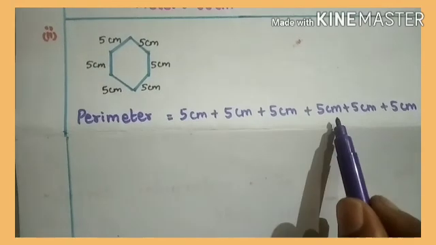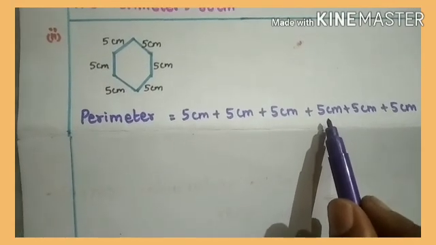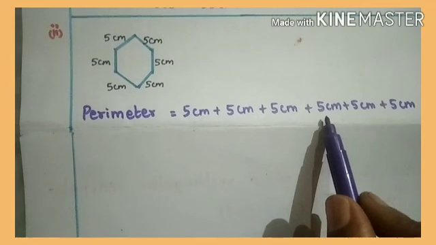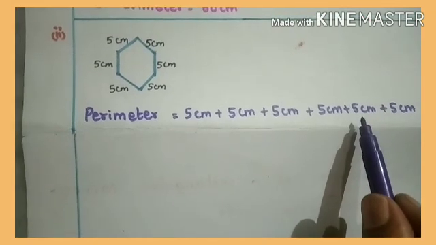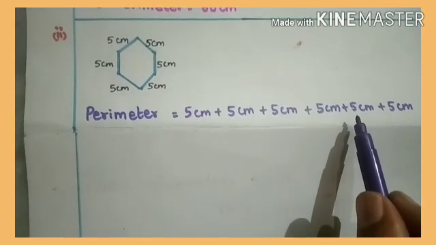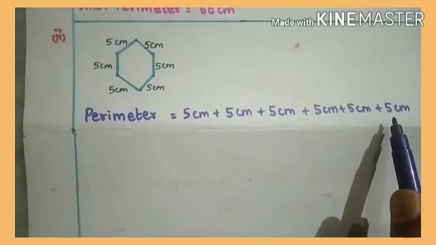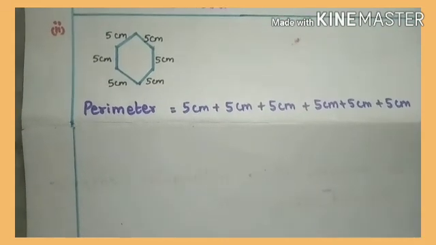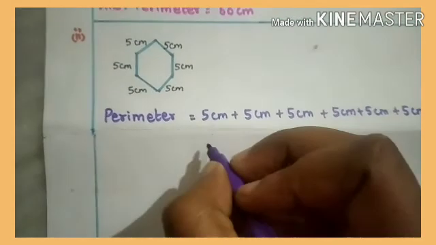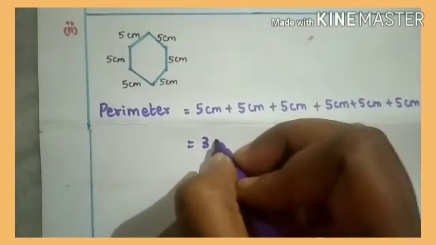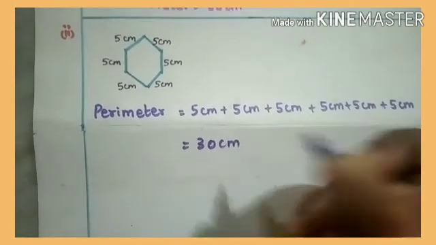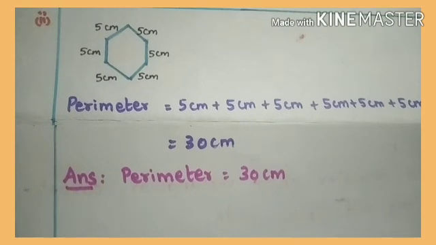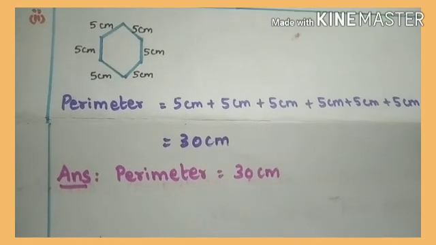Then add 15 centimeter and 5 centimeter, we get 20 centimeter. Then add 20 centimeter and 5 centimeter, we get 25 centimeter. Then add 25 centimeter and 5 centimeter, we get 30 centimeter. Now we get the answer: perimeter is equal to 30 centimeter.